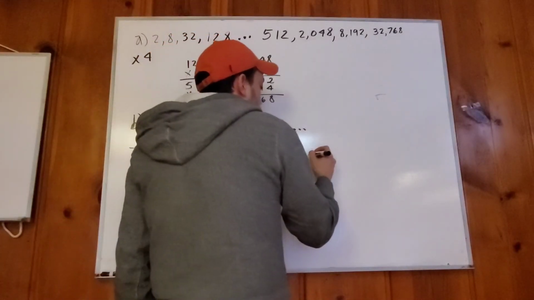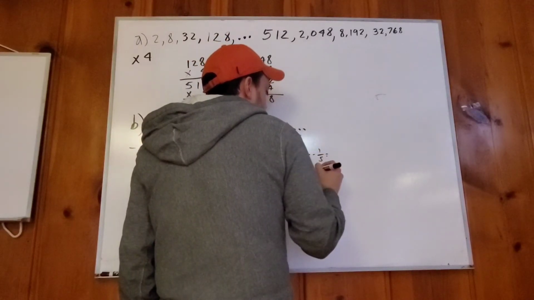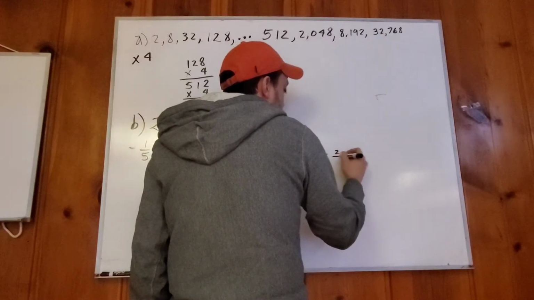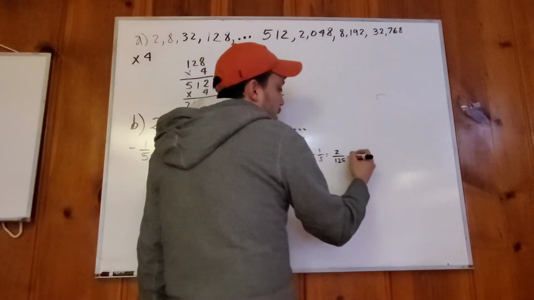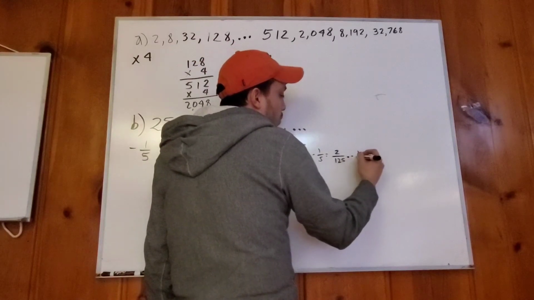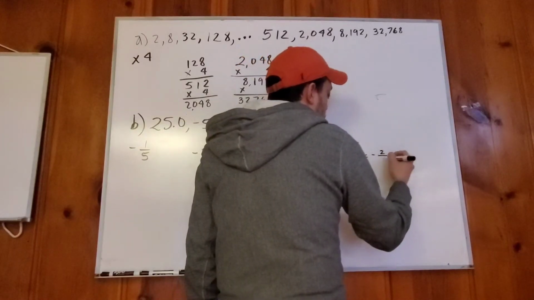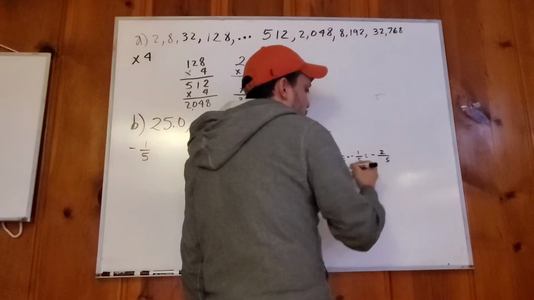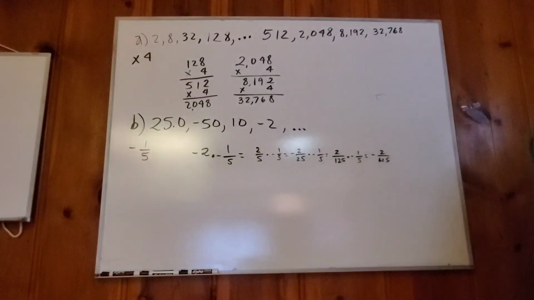Then I'm going to multiply again by negative 1/5, which is going to be positive 2 over 125. And finally, I'm going to multiply by negative 1/5, and I'm going to get negative 2 over 5 and 5 is, oh, it's 625 actually. I already know.